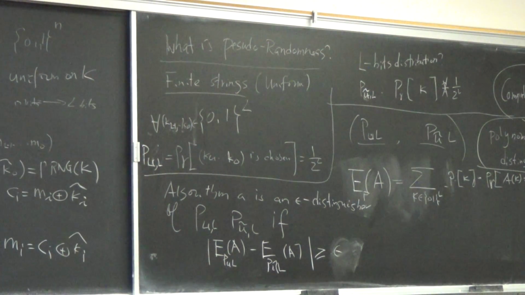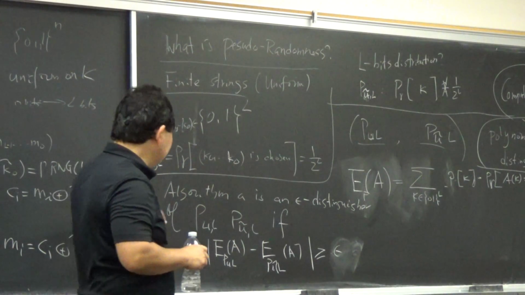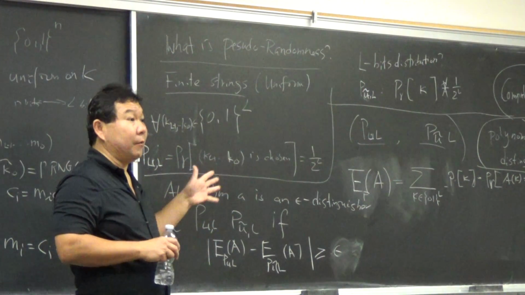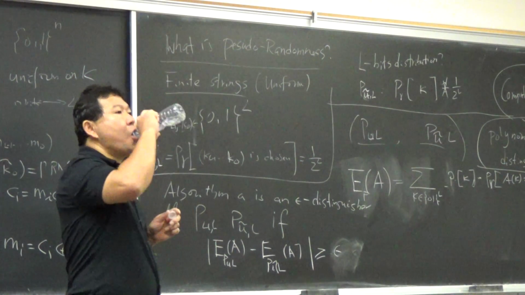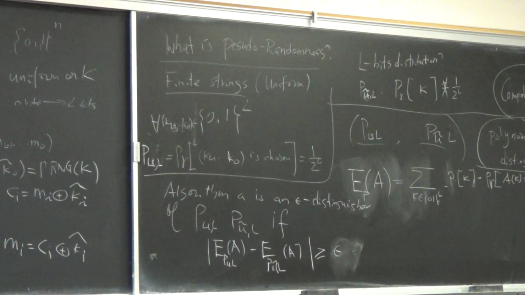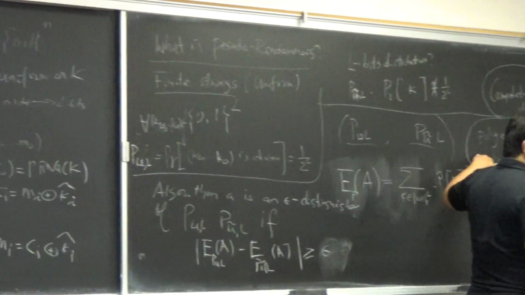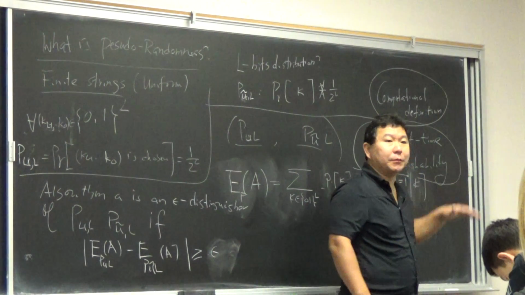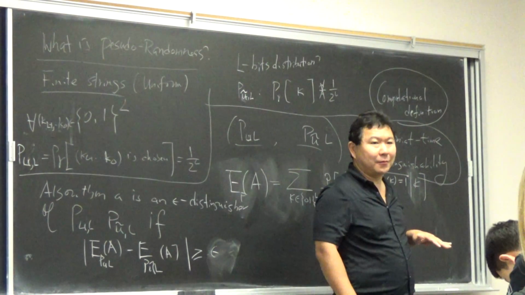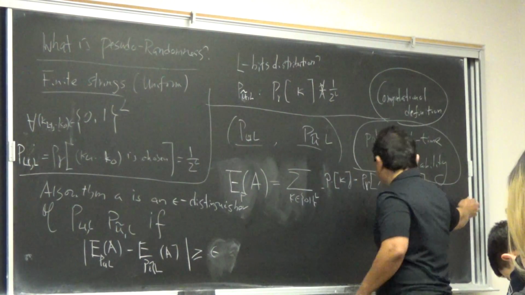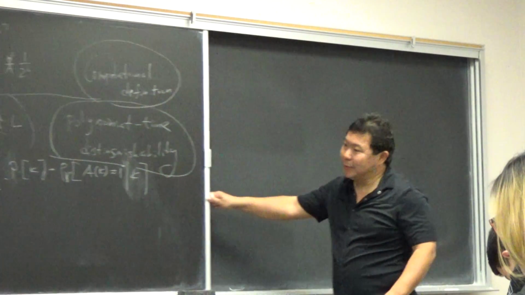Clearly here, from a computational perspective, I can limit, for example, the running time of it. So with this notion, I can define the notion called polynomial time indistinguishability. Let me write down another formal definition.